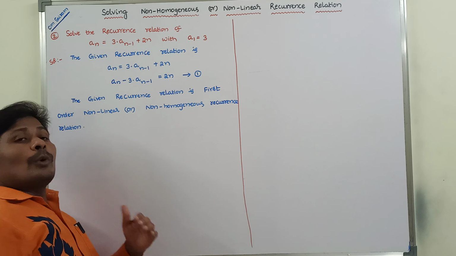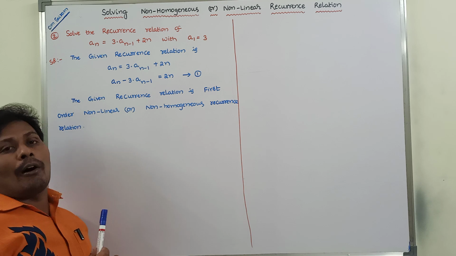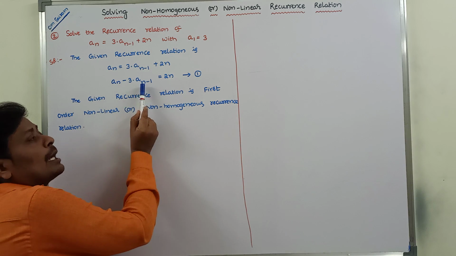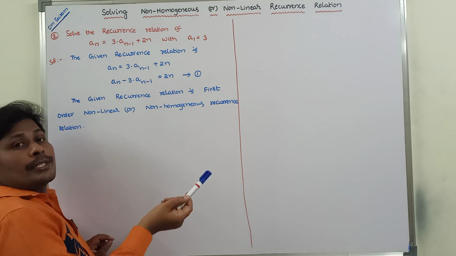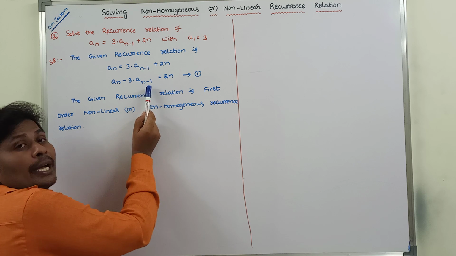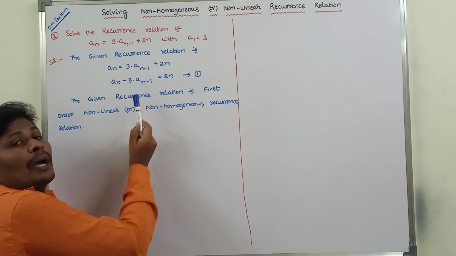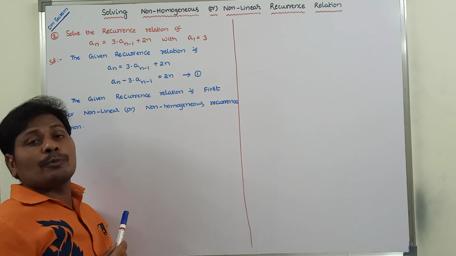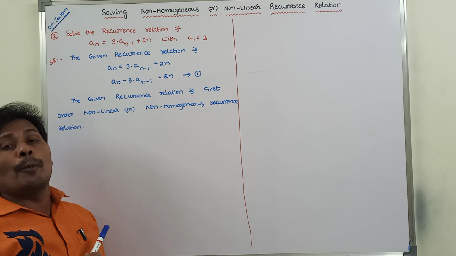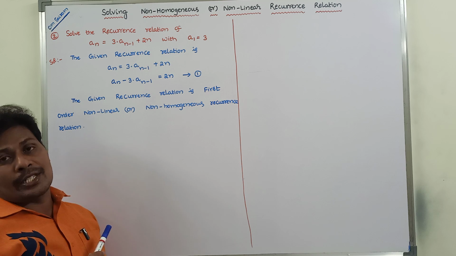Next we have to find out which order. Here the nth term and the n minus 1 term, only one previous term, are there. Hence we can say that it is a first order recurrence relation.